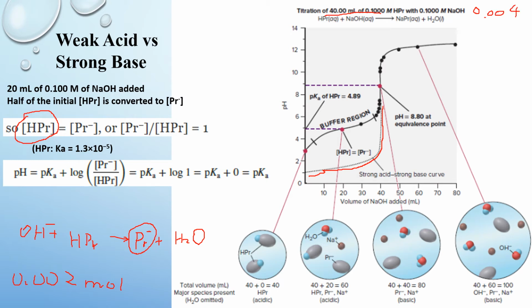Again, because the hydroxide base is going to completely react with this acid, after the reaction you're going to have 0.004 minus 0.002, which is equal to 0.002 moles of the acid left. And the amount of the conjugate base is also equal to 0.002.